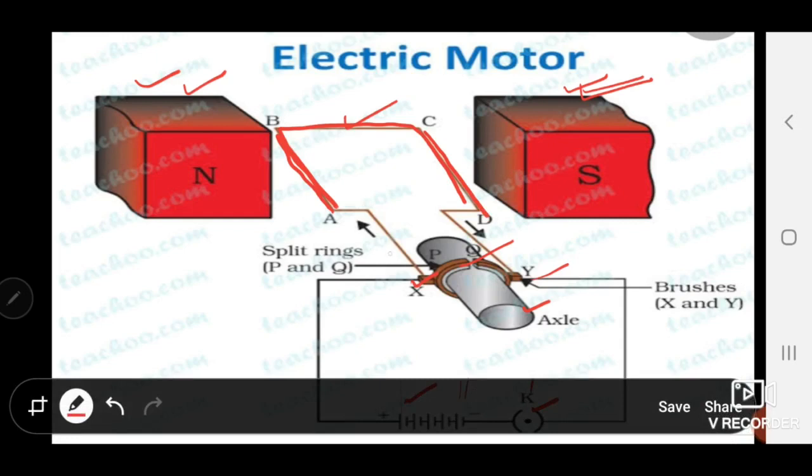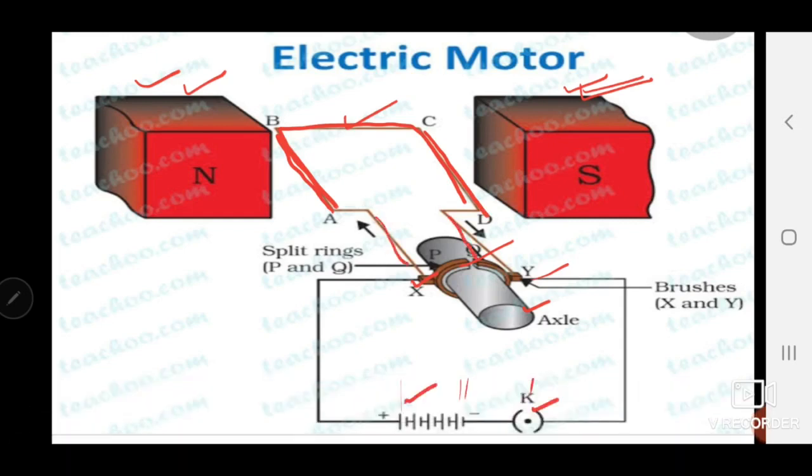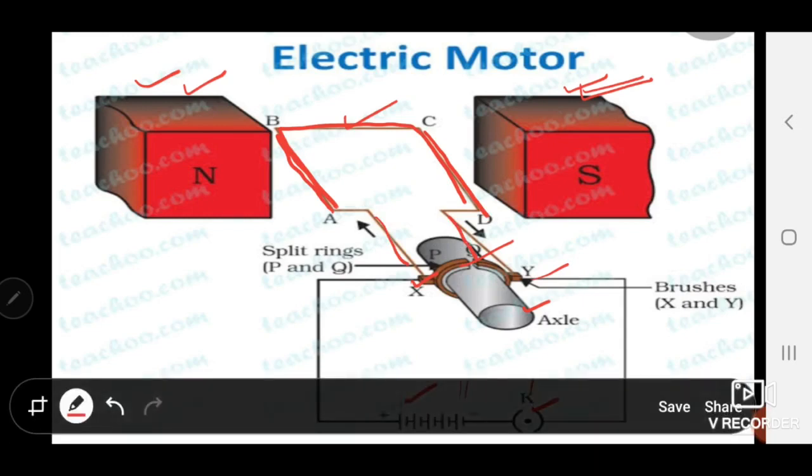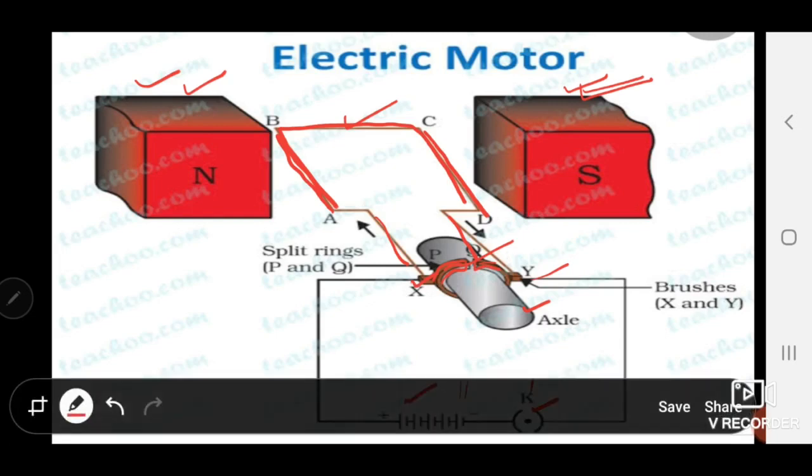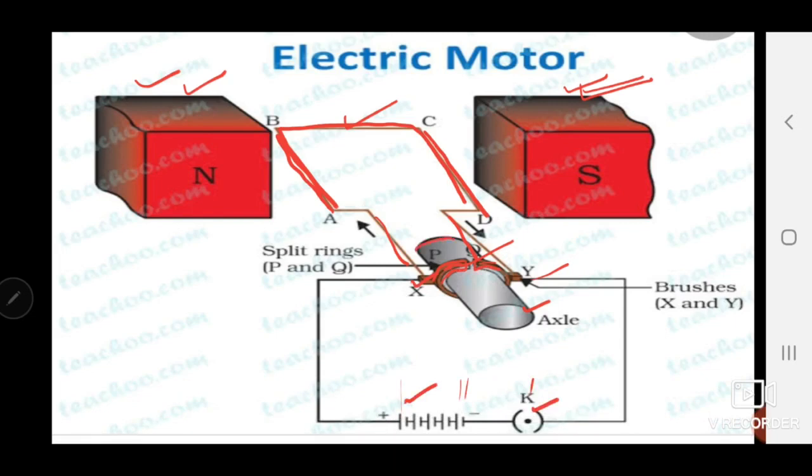The ends of the coil are connected to the two halves of the split ring. As you see here, this is called a split ring. These ends are connected to the two halves P and Q of the split ring, and the inner sides of the rings are attached to this axle.